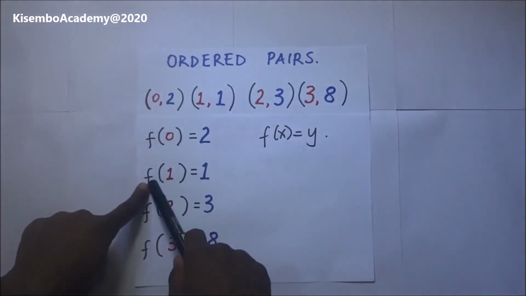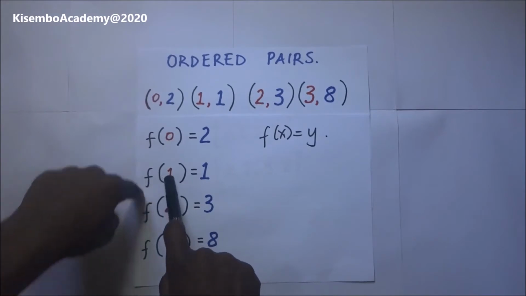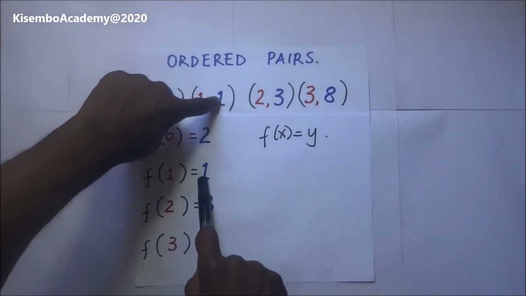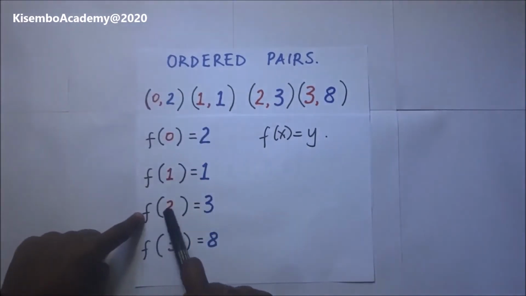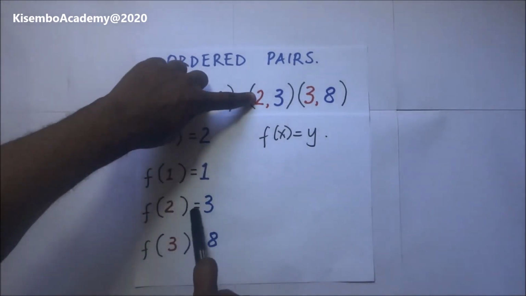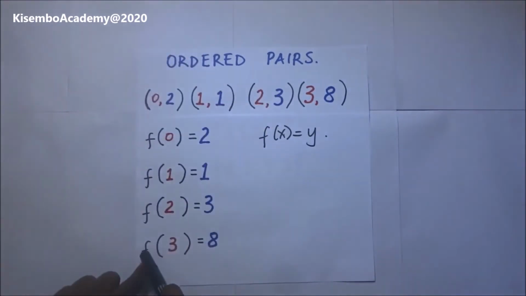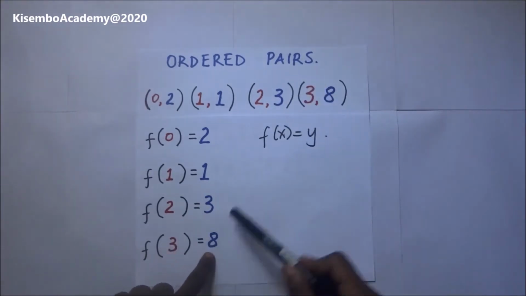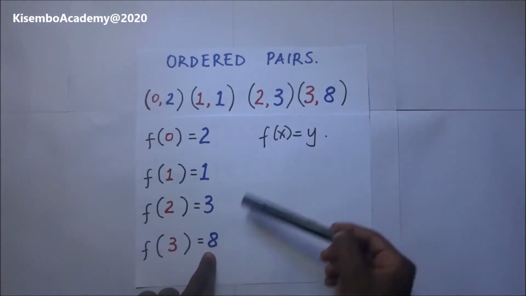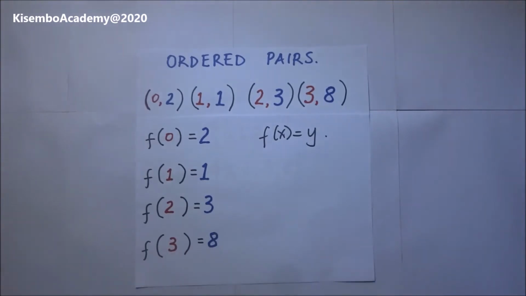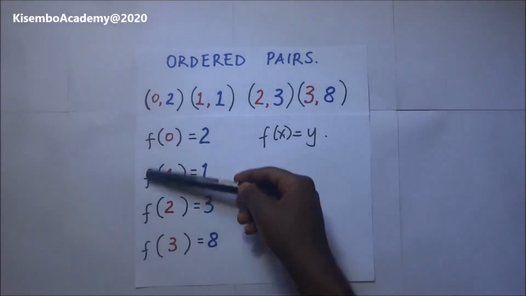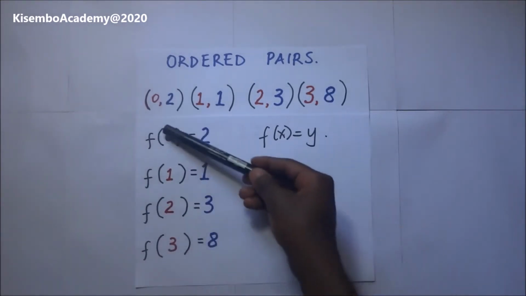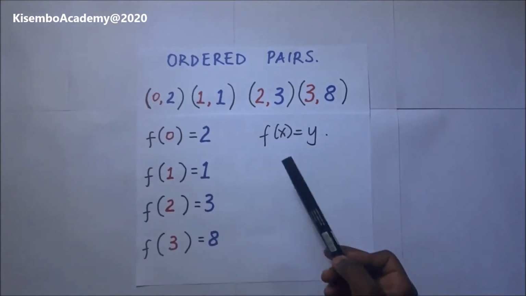Right here, the function f where x is the input is giving us 1 as the output. The function f where 2 is the input is giving us 3 as the output. And finally, where the function f is 3, in this ordered pair, it's giving us 8, the value of y, as the output. So this is how we can represent these ordered pairs using the function notation.